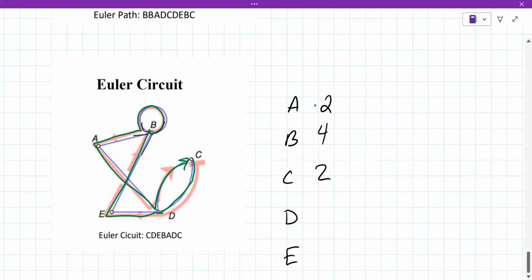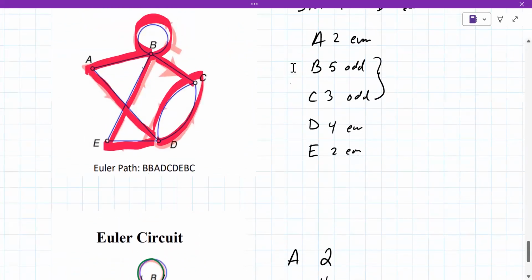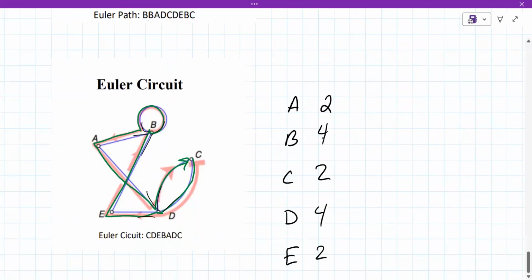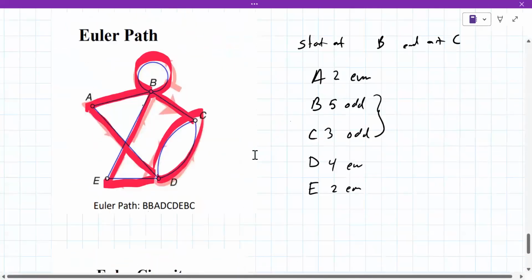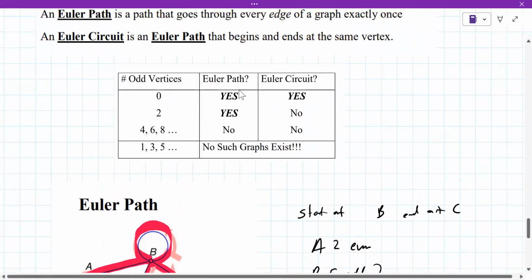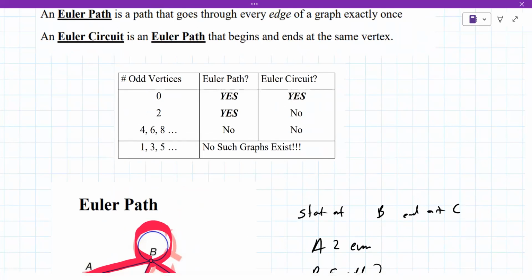D has 1, 2, 3, 4, and E has 2. So notice it has 0 odd vertices. If we go back here, it is an Euler path and it's an Euler circuit.